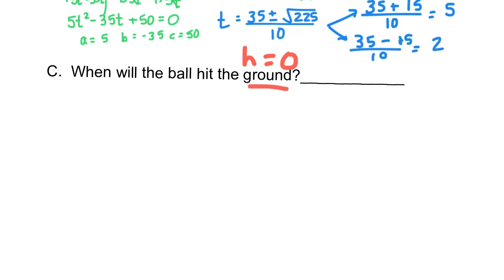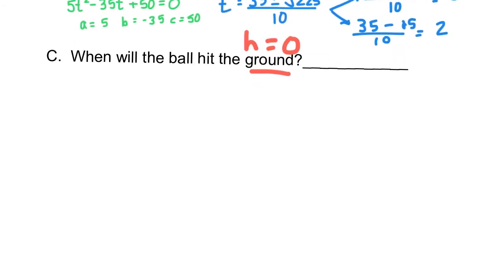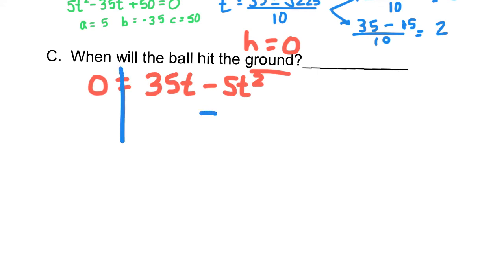So let's take a look at this. When h is equal to 0, we will simply substitute that into our formula. So 0 equals 35t minus 5t squared. Let's get this into standard form so that we have a positive 5t squared. And what we do to one side, we'll do to the other.